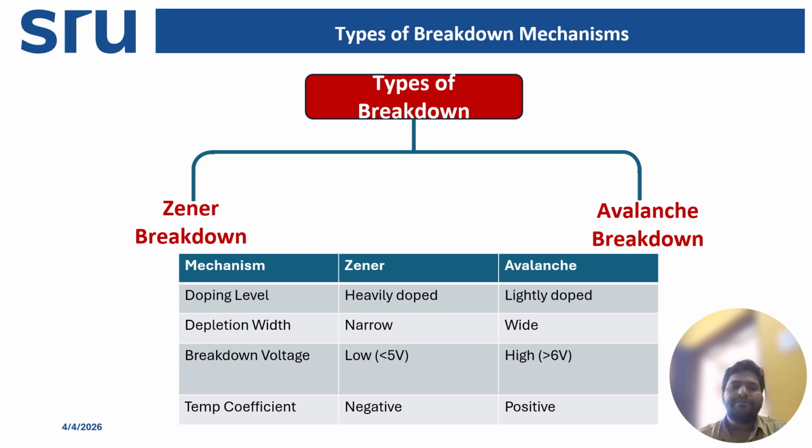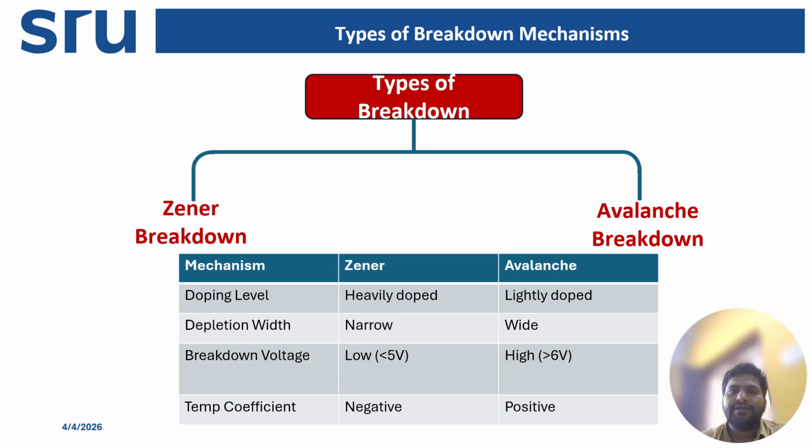Depletion width in Zener breakdown is narrow and in avalanche breakdown is wide. Breakdown voltage in the Zener case is less than 5 volts, but in avalanche breakdown the voltage is greater than 6 volts. In case of temperature coefficient, Zener breakdown is negative and avalanche breakdown is positive.